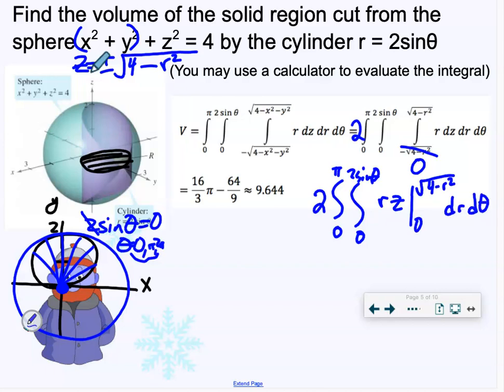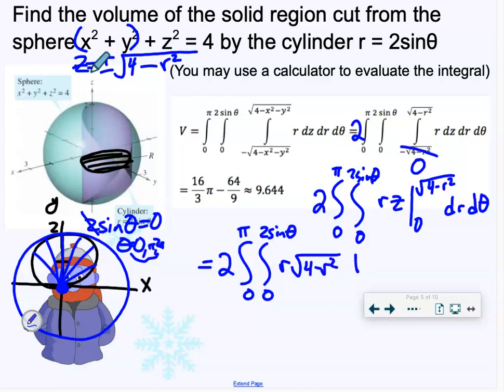So you end up with 2 integral 0 to pi, integral 0 to 2 sine theta of r root 4 minus r squared dr d theta. This actually isn't that bad, because it's just a simple use of u-sub, right?